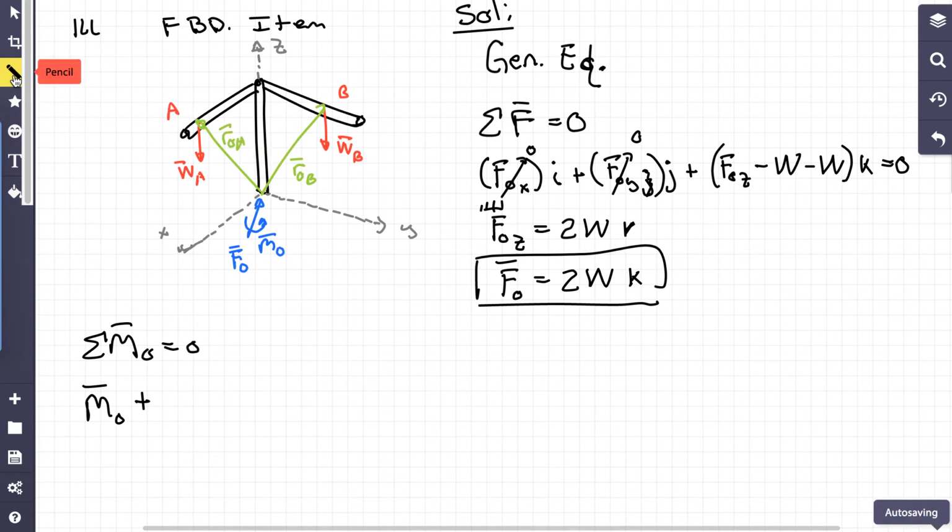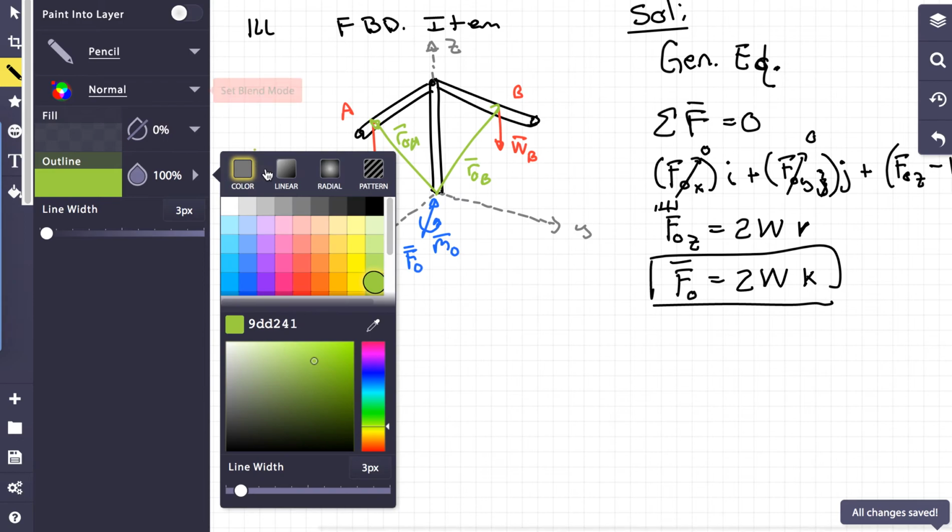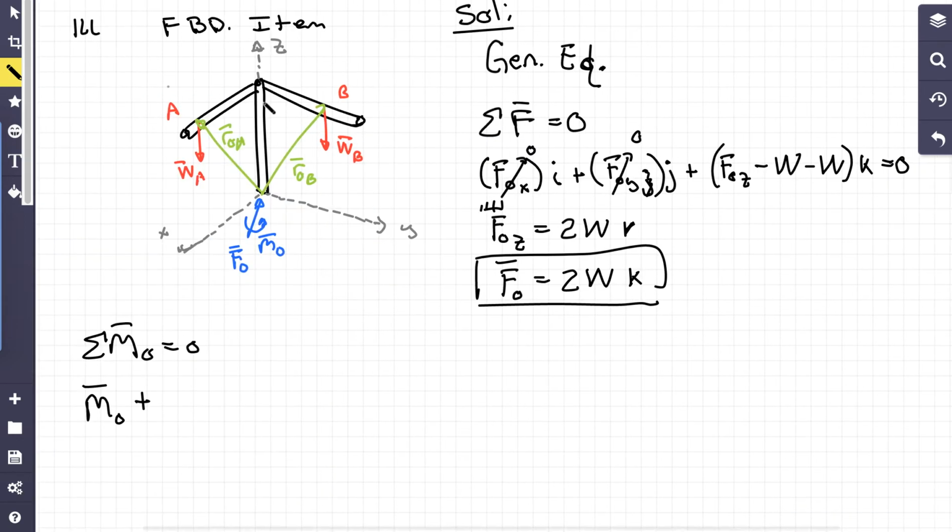Remember that if you look up top, you'll notice that this is A, this is B, and the height of this is C, which plays an important role.